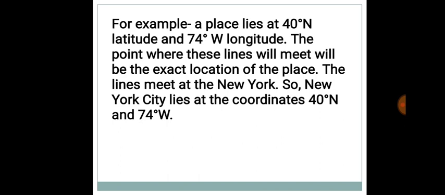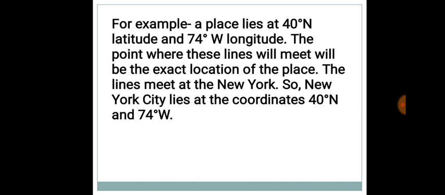The lines meet at New York, so New York City lies at the coordinates 40-degree north and 74-degree west. So the example shows how these lines help us locate a place: 40-degree north latitude and 74-degree west longitude.